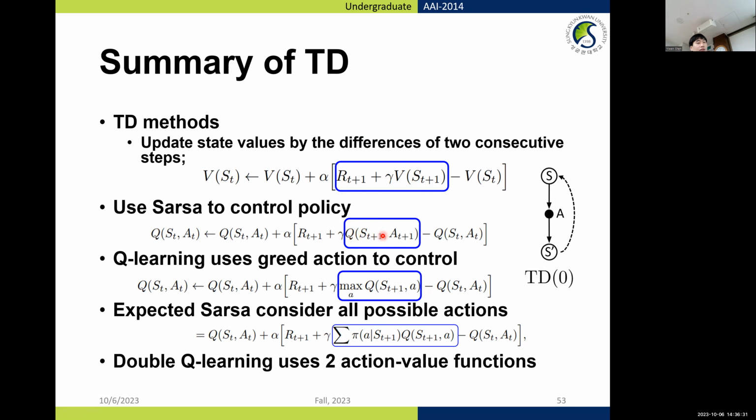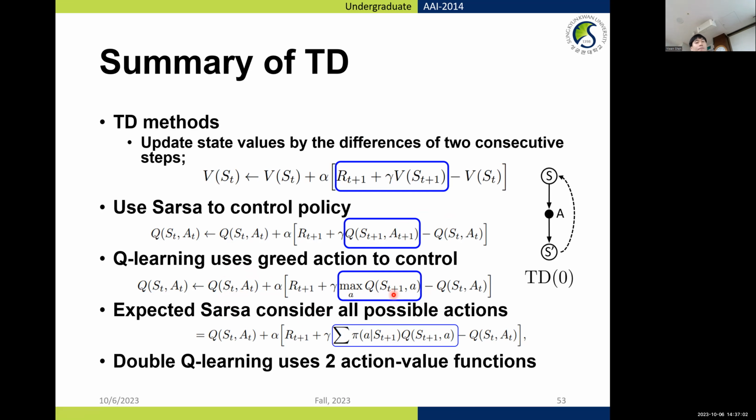Instead of using the action from the policy, we can select the greedy action based on the next action value. Then that brings us Q-learning. Q-learning uses the greedy action to control instead of the action from the policy, so we call Q-learning off-policy learning.